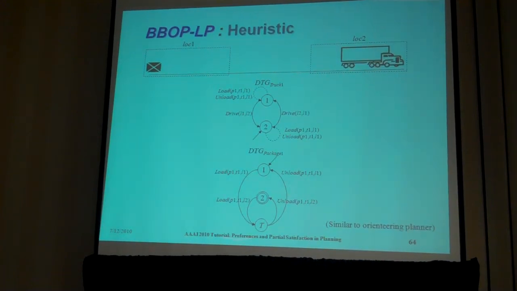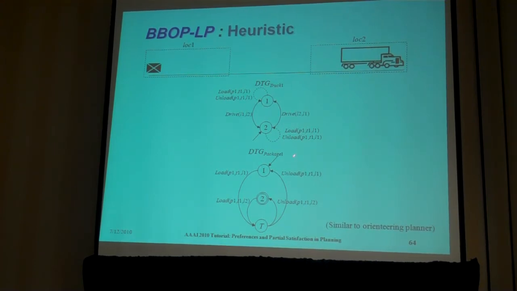Transition graphs. In fact, we call them domain transition graphs when we generate them in the code. The idea is that if I have a domain transition graph for a truck, I can have two locations for this truck. In this problem, here's location 1, here's location 2.